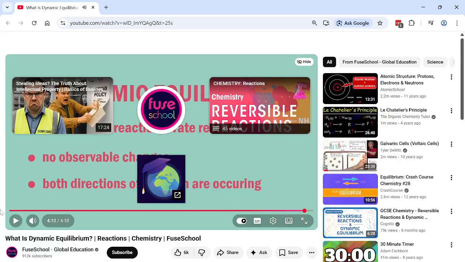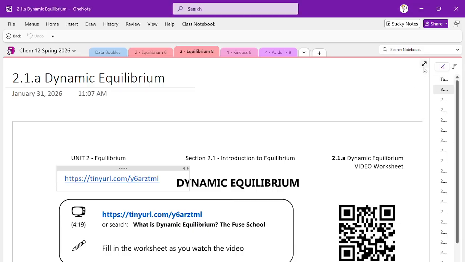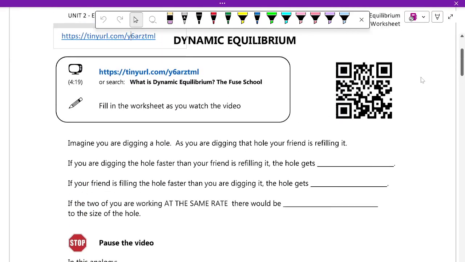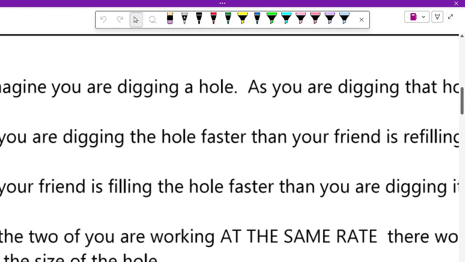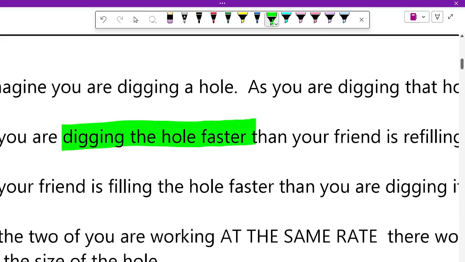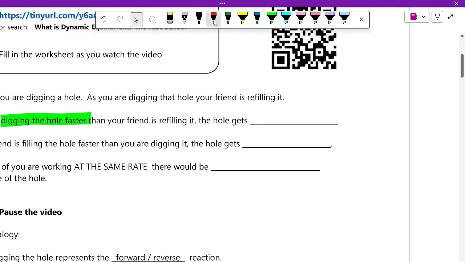Okay, so we are going to now go and fill everything in together, because why not? Imagine you are digging a hole. As you are digging the hole, your friend is refilling it. If you are digging the hole faster than your friend is refilling it, the hole gets bigger.